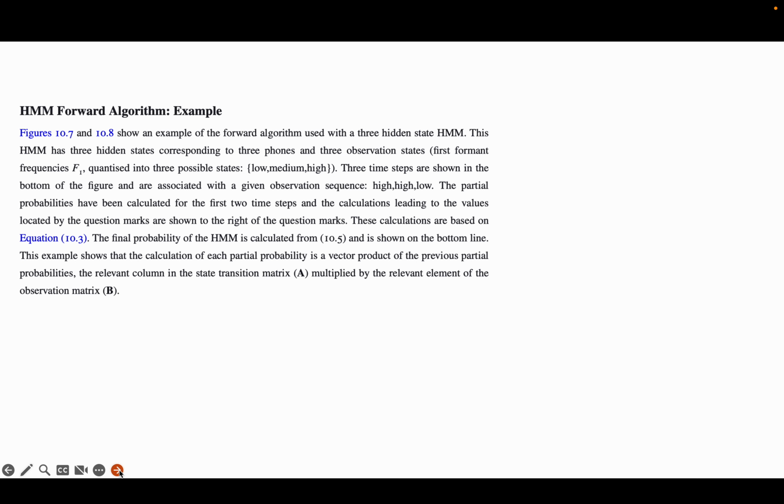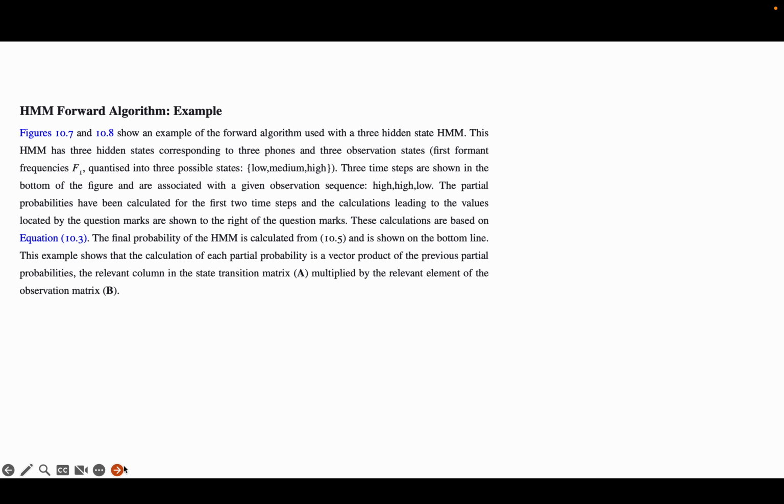The first formant frequencies f sub t are quantized into 3 possible states: low, medium, and high. 3 time steps are shown at the bottom of the figure and are associated with a given observation sequence that's high, high, and low. The partial probabilities are calculated for the first 2 steps, and those calculations lead to the values located by the question marks.